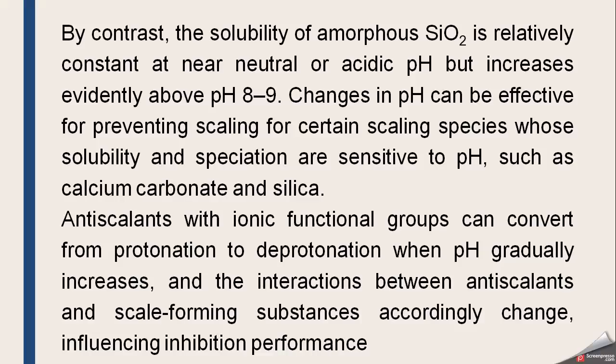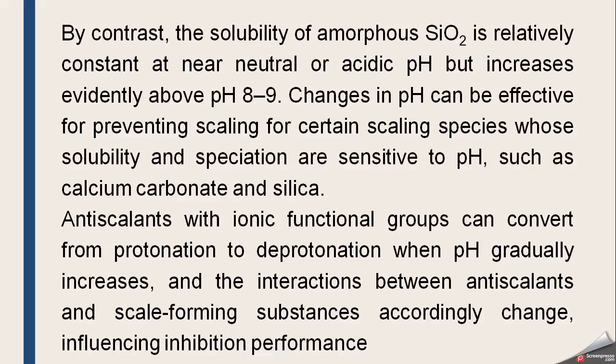Antiscalants with ionic functional groups can convert from protonation to deprotonation, that is, the proton attached to the antiscalant is removed when pH gradually increases. Why? Because when we increase the pH, the hydrogen ions in the water become fewer. So the protons attached to the antiscalant start coming out and try to leave into the water to create an equilibrium.